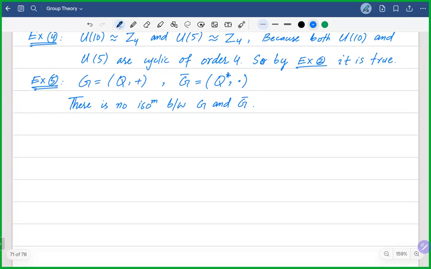If phi were such a mapping, there would be a rational number A such that phi of A is -1. But then -1 can't be written as the product of two numbers. Okay? And that's the lacking point.